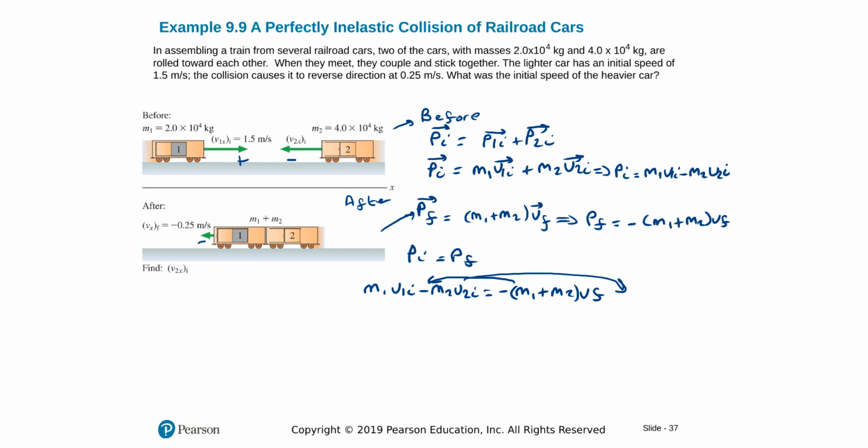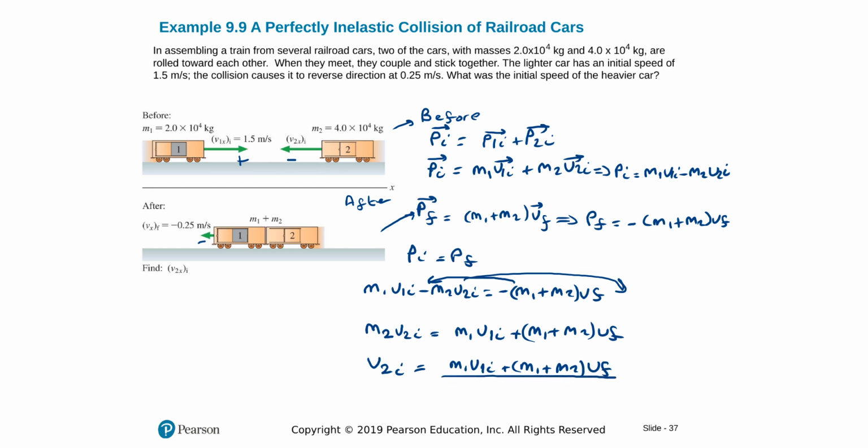So here's what I'm going to have when I do that switch. I'm going to have M2 V2 initial is equal to M1 V1 initial plus M1 plus M2 V final, and dividing each side by M2 will give me V2 initial equals M1 V1 initial plus M1 plus M2 V final, divided by M2.